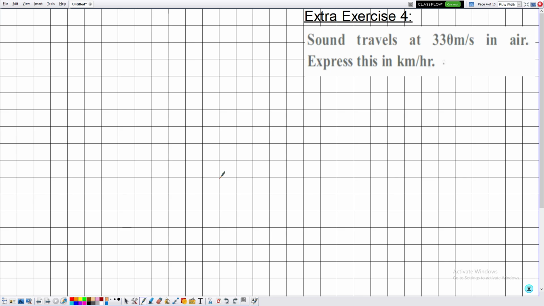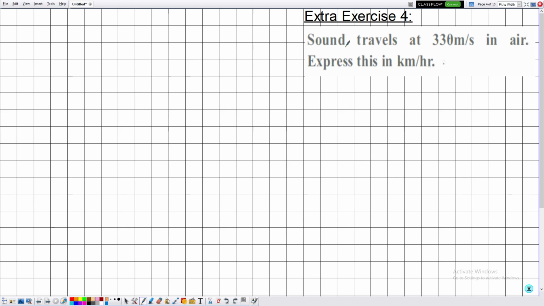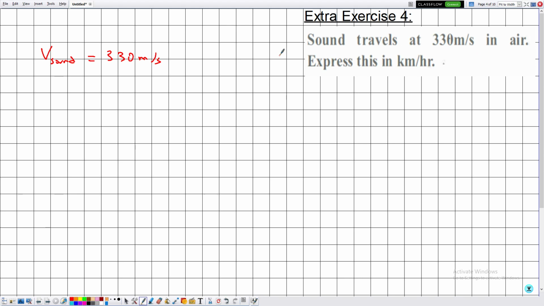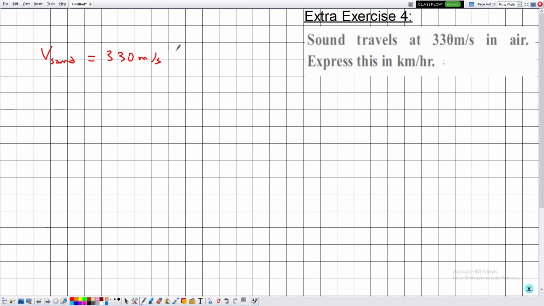Now, as for extra exercise number 4, they are telling us that sound travels at 330 meters per second in air. So the speed of sound is equal to 330 meters per second. They are telling me to express this in kilometers per hour, so simply we need to convert from meters per second to kilometers per hour, and this is done by multiplying by 3.6.